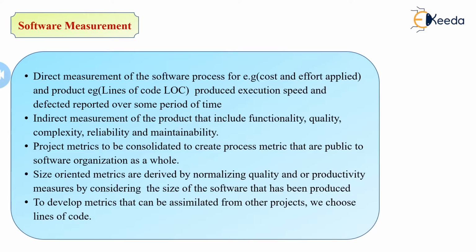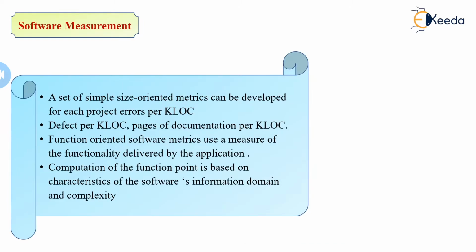Now project metrics are consolidated to create the process metrics, which are made public to the software organization. There are size-oriented metrics and function-oriented metrics. To develop these we use lines of code.